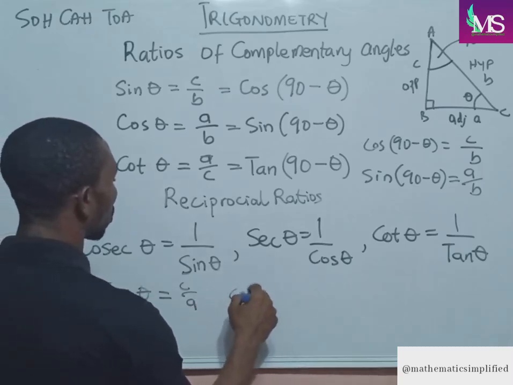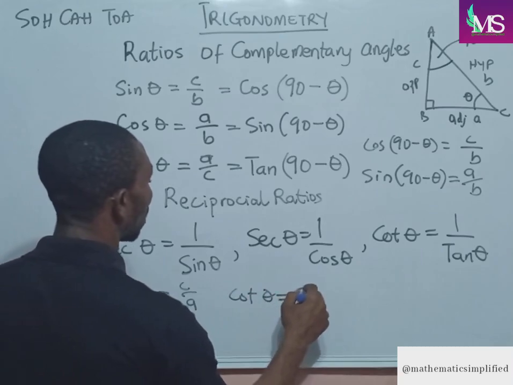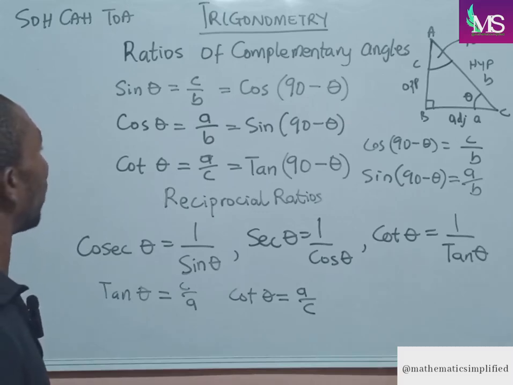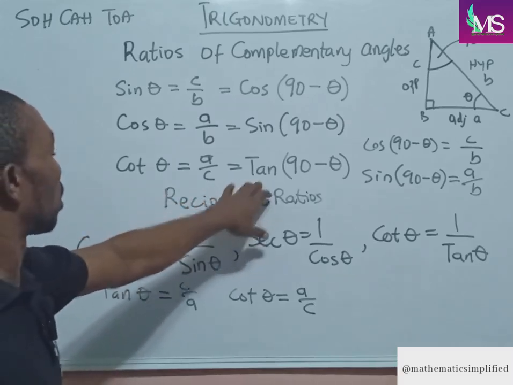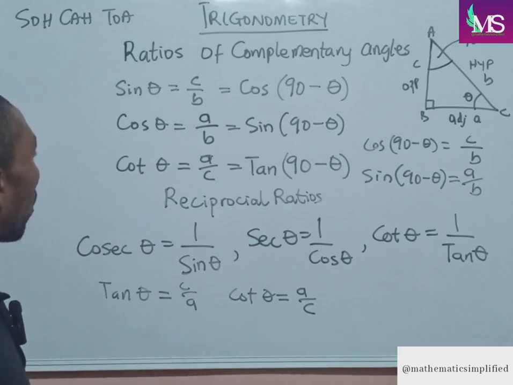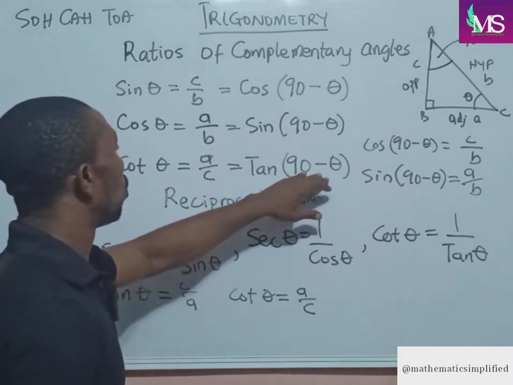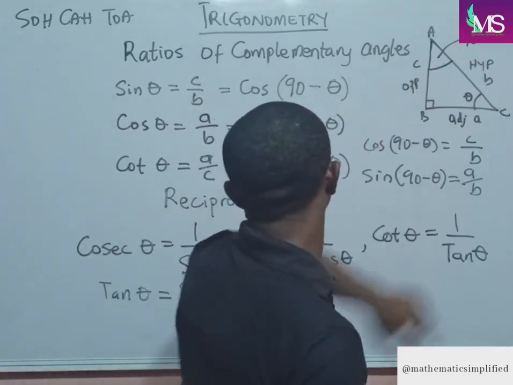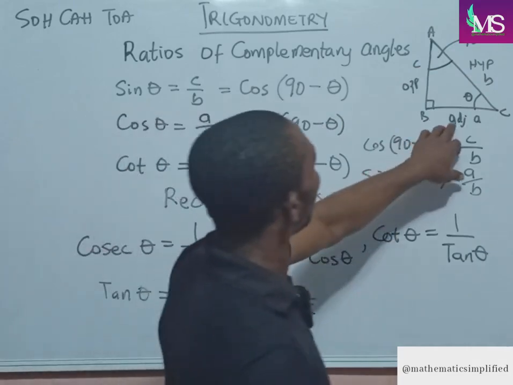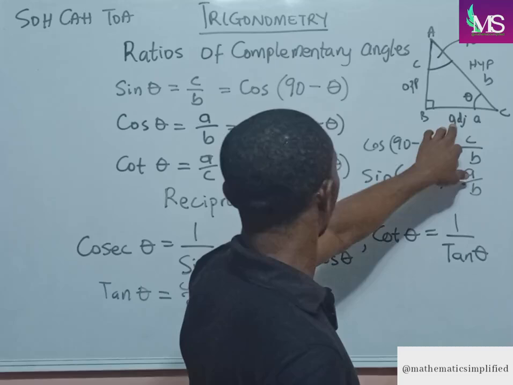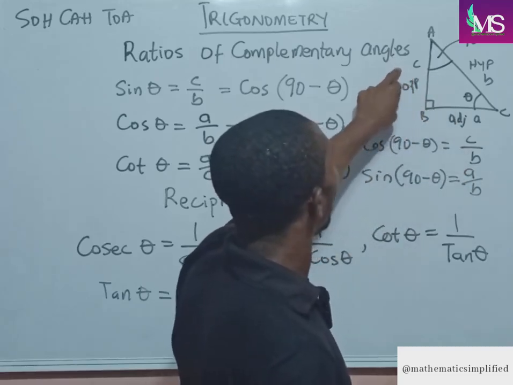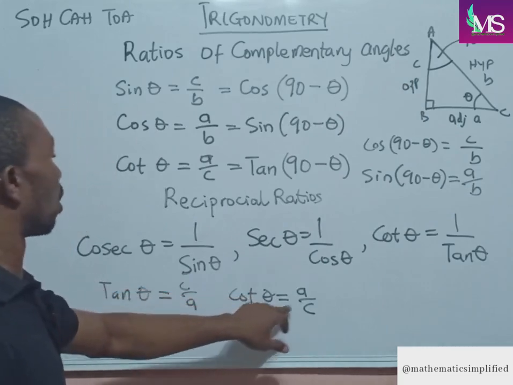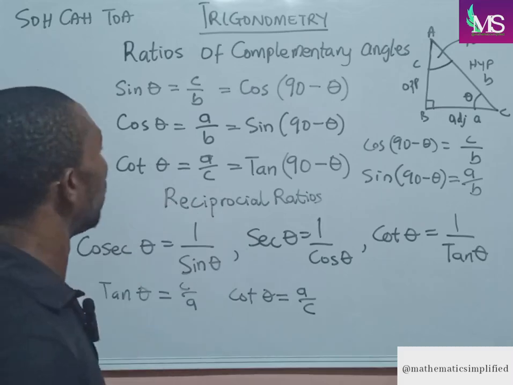So cot theta gives us A over C, which is the inverse of tan theta. For tan of 90 minus theta, we get A, which is our adjacent, over opposite, which is the same thing as cot theta, A over C.